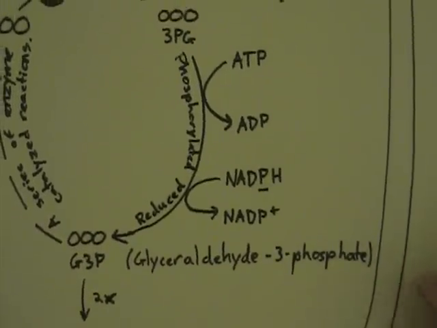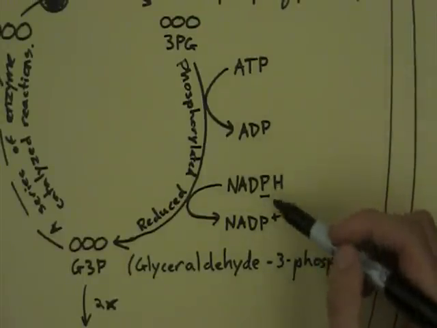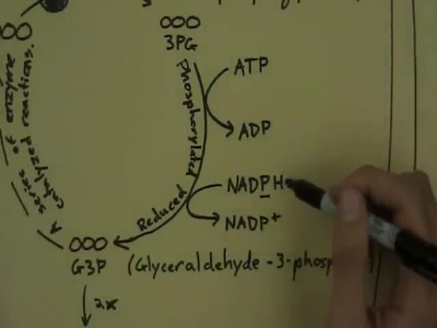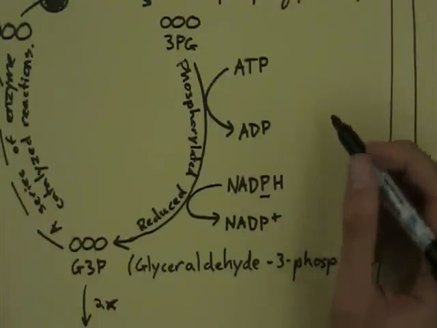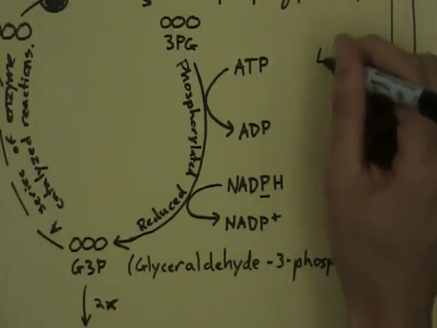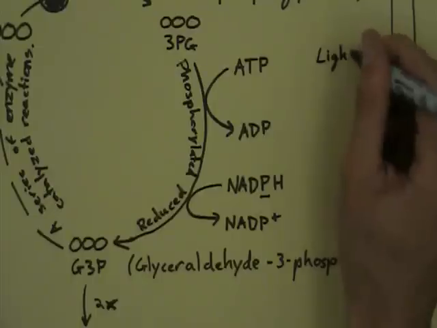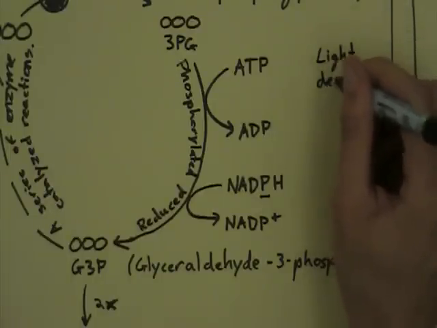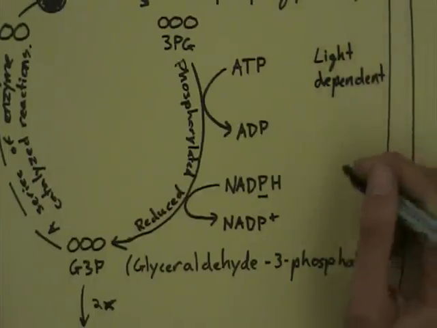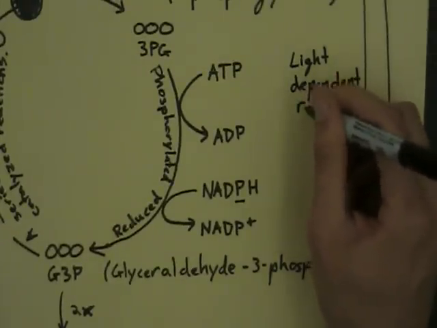Now, it's important that you understand where these come from and where they're going back to. Both the ATP and NADPH have come from the light-dependent reactions.